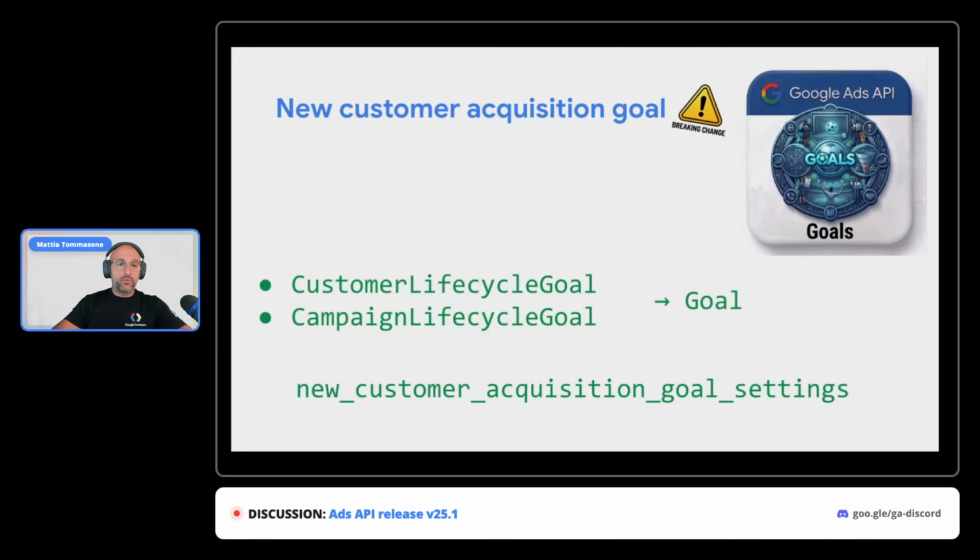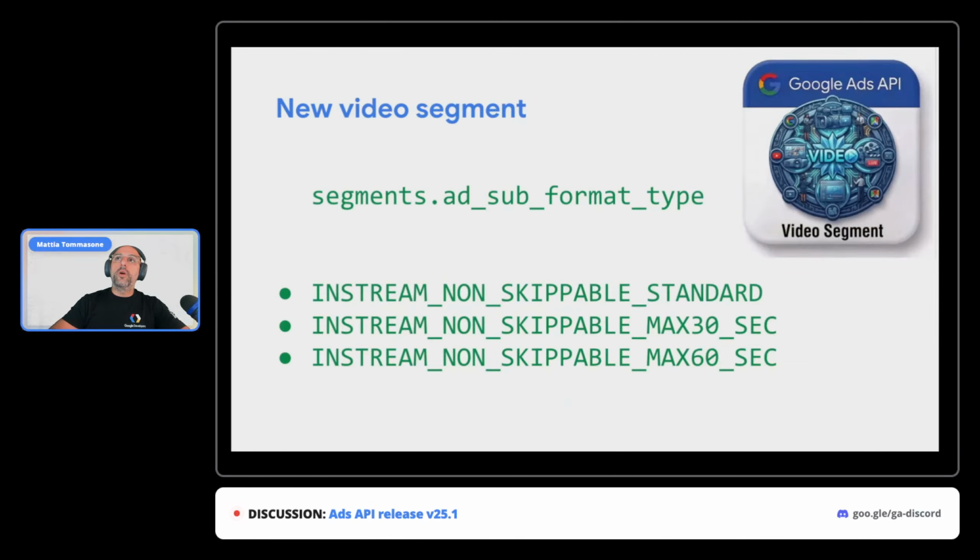This was a change that we released last month, along with some new segments and metrics in the video space, which, if you've been following my events, you know is probably my favorite space in the API because it's one of the ones that I work more closely with. So I have a personal involvement with this.